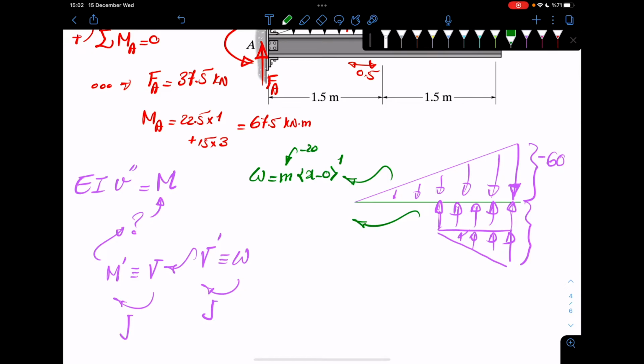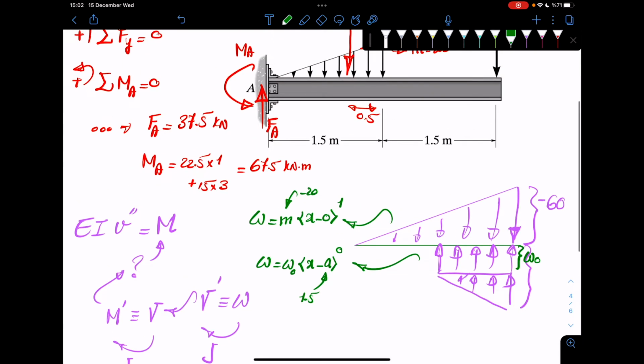For the second part, what is W? It's just constant. If you think of this value as W0, that would be W0 times x minus a to the power 0. And A here is 1.5 because it starts from this coordinate. W0 is this value, and pay attention, the way I draw it, it's at the bottom, but it's pointing upwards, right?